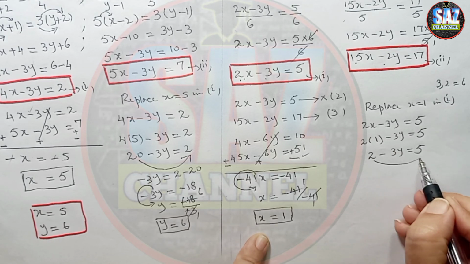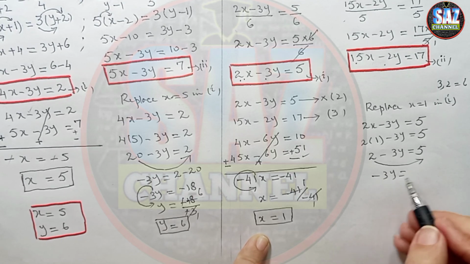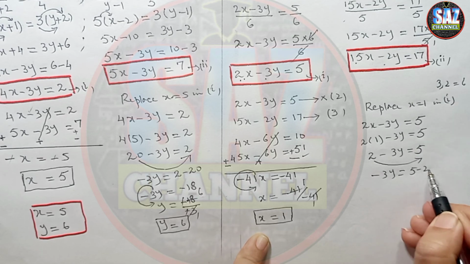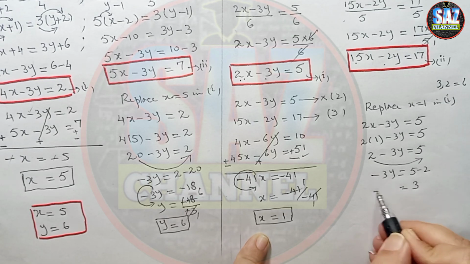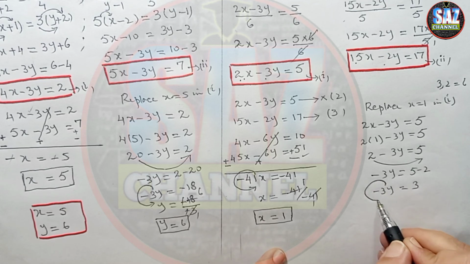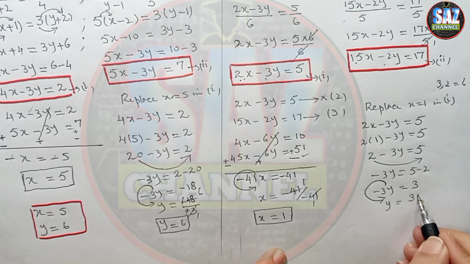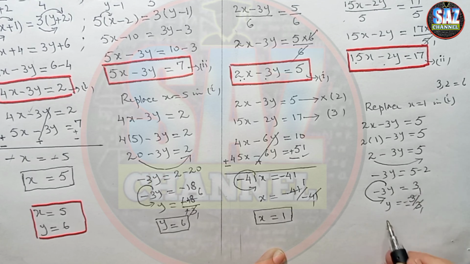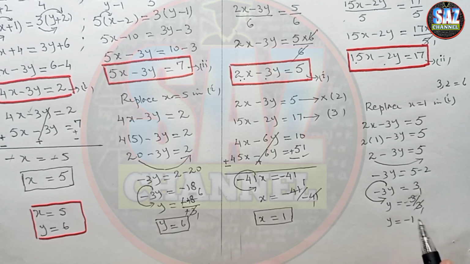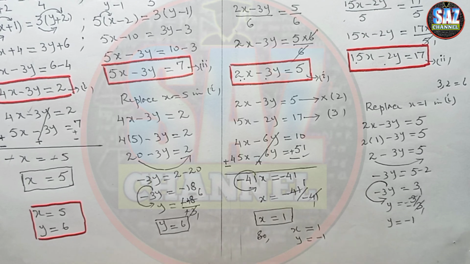Shift 2 to the other side. Minus 3y equals 5 minus 2. 5 minus 2 is 3, so minus 3y equals 3. In order to get the value of y, I again have to shift this minus 3 to the other side. y equals 3 by 3 with a minus sign, 3 ones are 3 ones are, and y equals minus 1. So the solution for this question is x equals 1 and y equals minus 1.